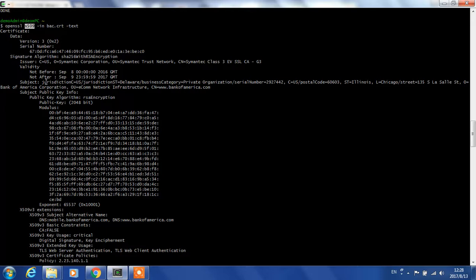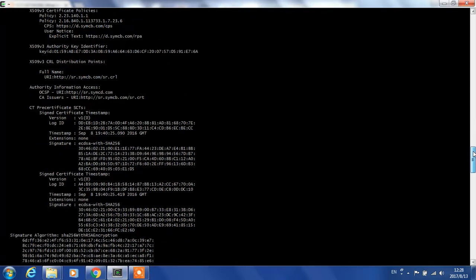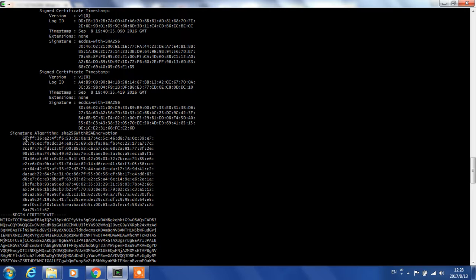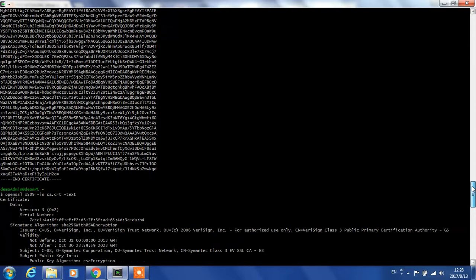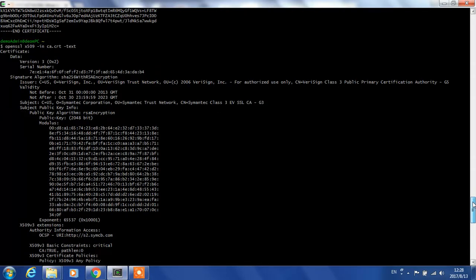We find that the signature came from its issuer, Symantec Class 3, and the digital signature can be verified with Symantec's certificate. So we again get the Symantec certificate and verify its contents.